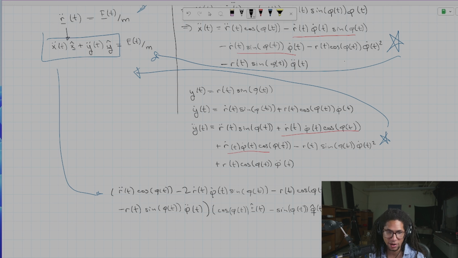So it's implicitly dependent on t through those other variables. Good. Okay. So we get that. Now we need to copy down the y double dot times y hat. So now I'll say plus, oops, that should be cosine.